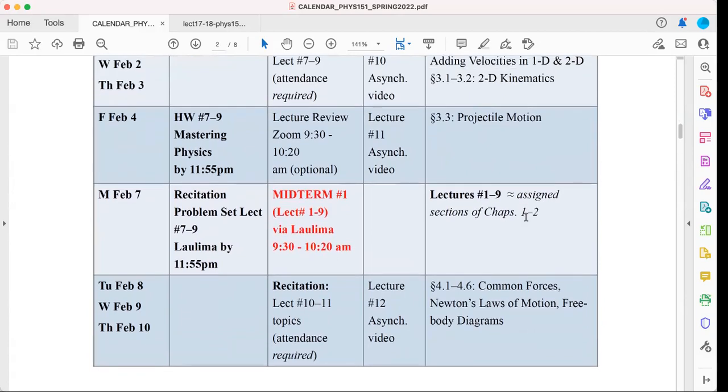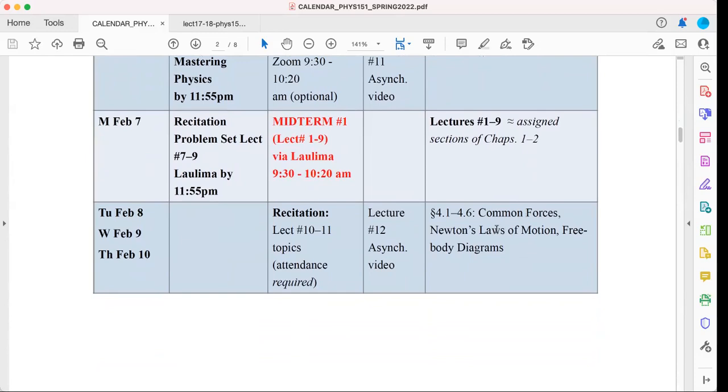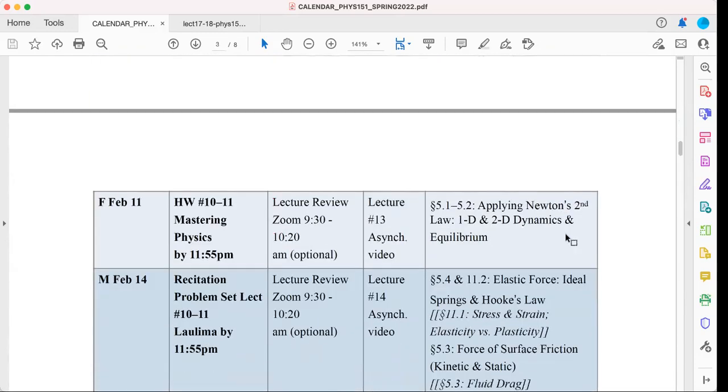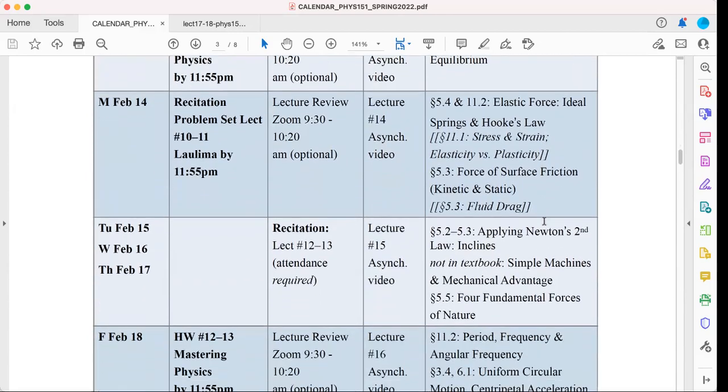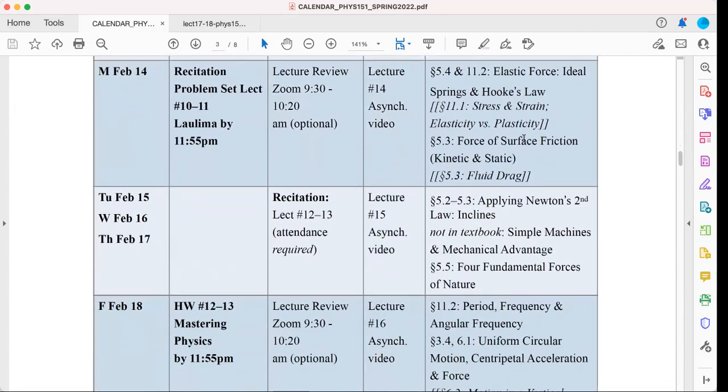So that's lectures 10 and 11. Projectile motion, and then it goes to Newton's law, application of Newton's law, all the elastic forces, friction, and things like this.